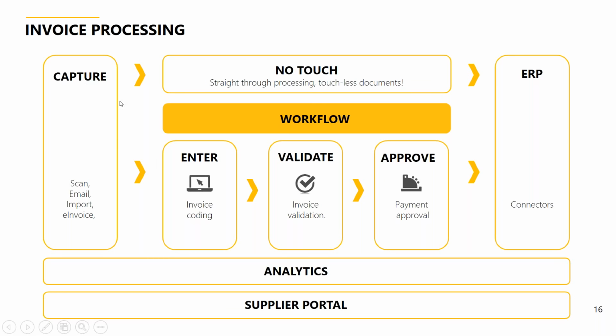Now, what we're really looking for once we've captured these documents is they can go straight through, no one touches them, hits our ERP, ready to be paid. Brilliant. That's exactly what we're looking for, and having as many of these go through that as possible. So as part of that, we need to be able to have invoices that we can extract data from, we can validate data from. So, is this an invoice document?